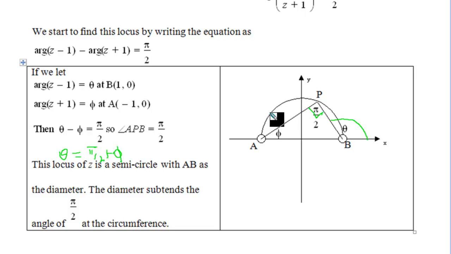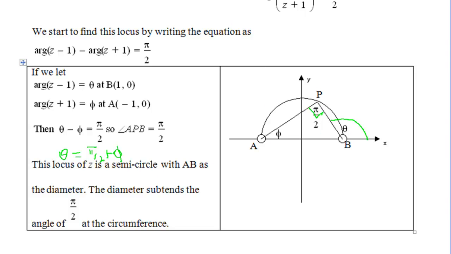Like the point can be moving anywhere along there, except at these points here, because that's not going to work, because it's going to give us 0 there or pi there. But any other time, the angle between them is going to be pi on 2. So that's where we're getting this idea from. So there's the trick with this one. Consider the difference of the two angles and the triangle that would create there.